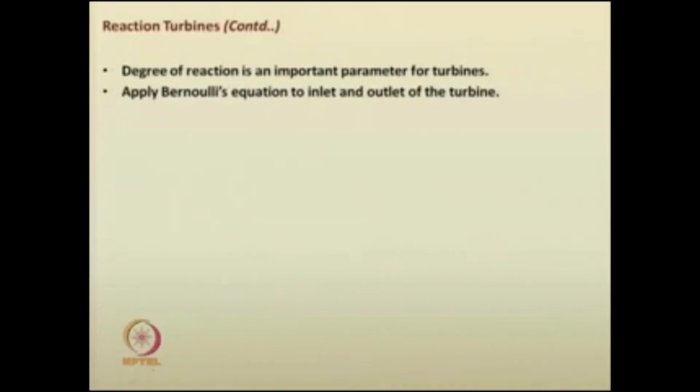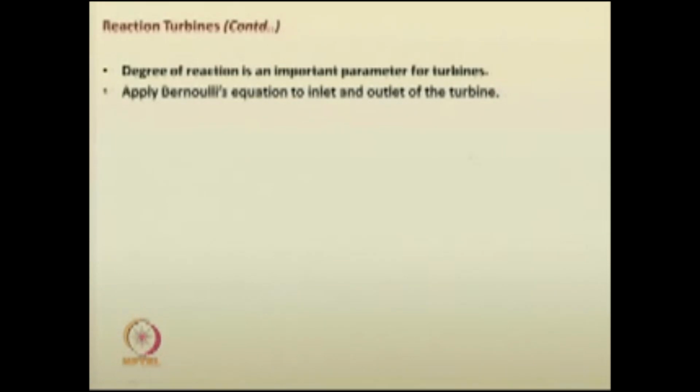We can apply Bernoulli's equation to the inlet and outlet of the turbine. I am just giving a box representation, not the exact one. So, this is the inlet, this is the outlet. So, section 1, section 2.